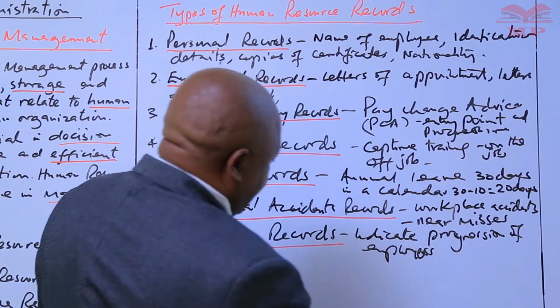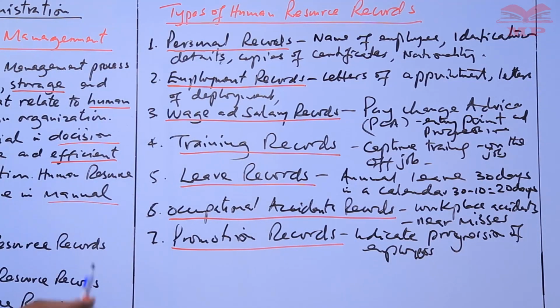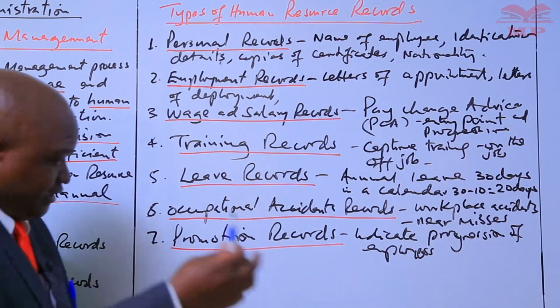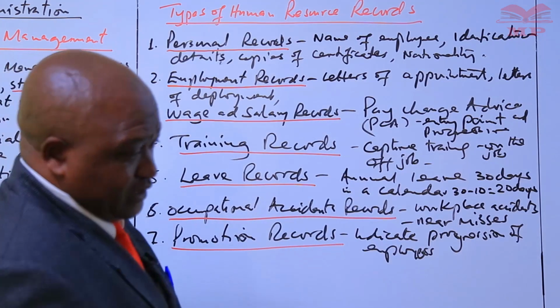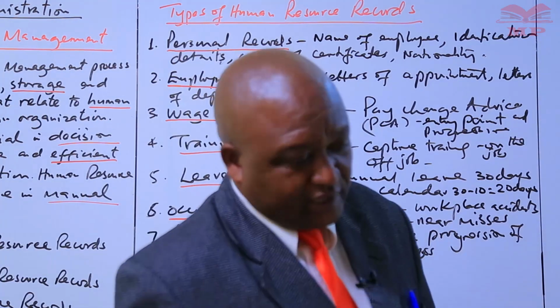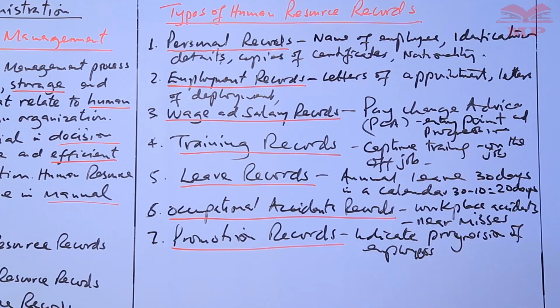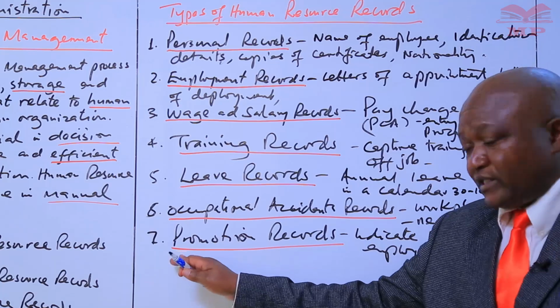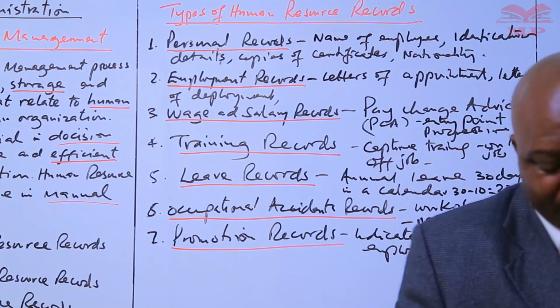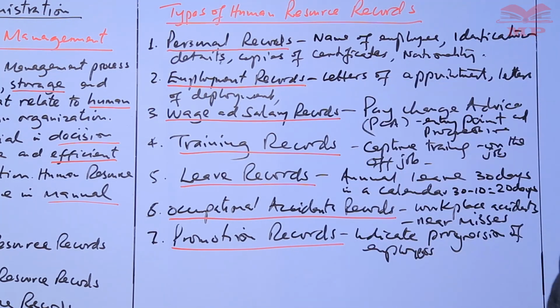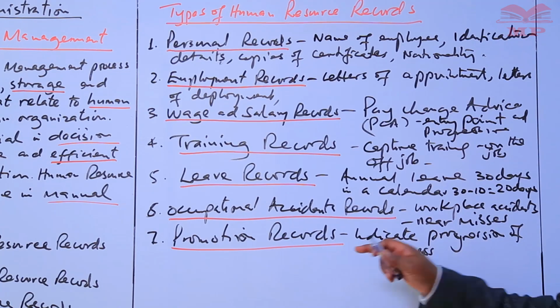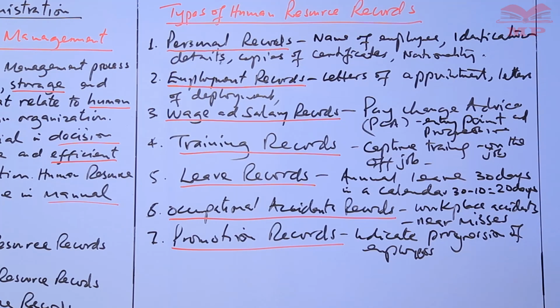So this will indicate this particular employee joined this particular organization during, say, the year 2000. By the year 2006, had moved to this particular position. By the year 2008, had moved to a different position. Or it may also indicate that this category of employees have never been promoted for the last, let's say, 20 years. So that again can help in decision making.